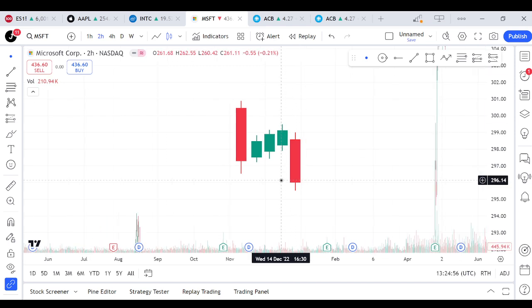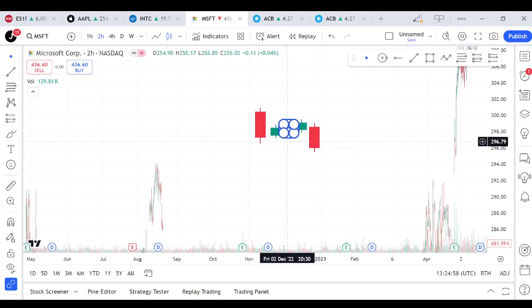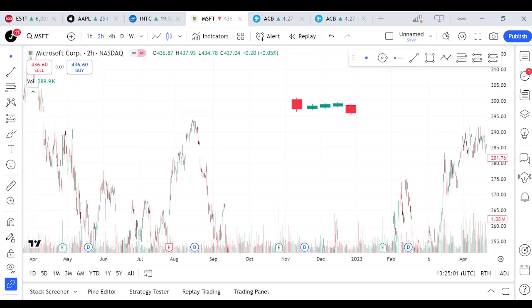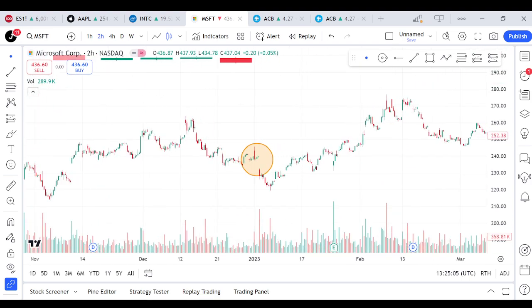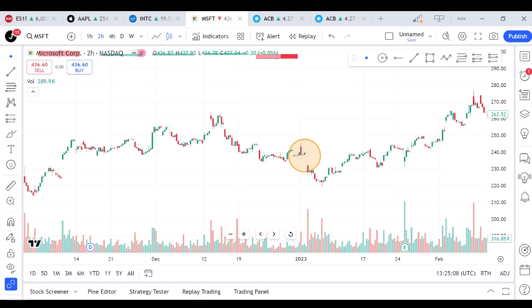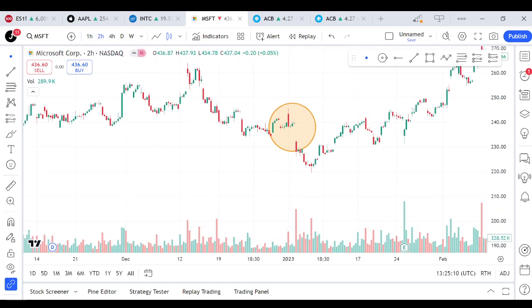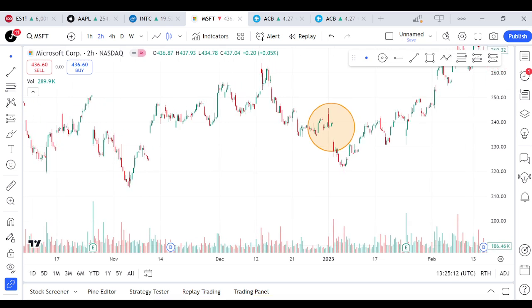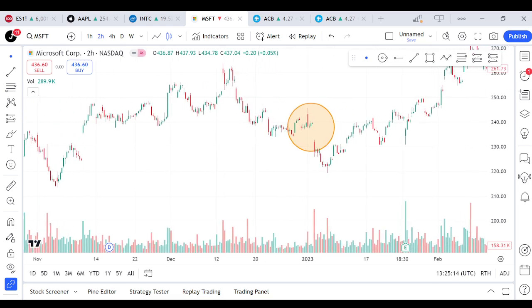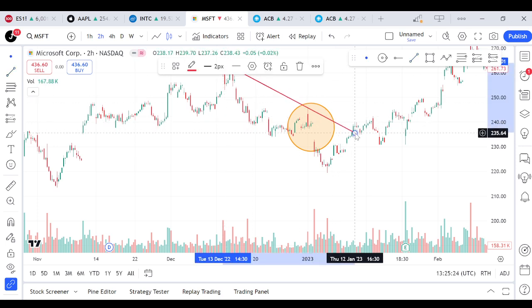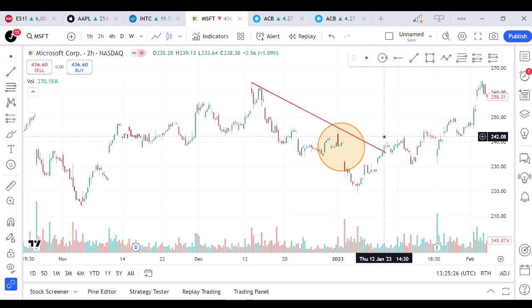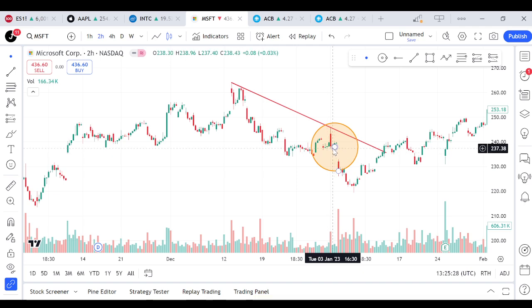So let us hop on the charts to spot this pattern and how you can use it in your trading. You can see this perfect example right here. This was for a short term trade. You can see we are bearish, and you can see the first candle, which is the bearish candle, and three small bullish candles.